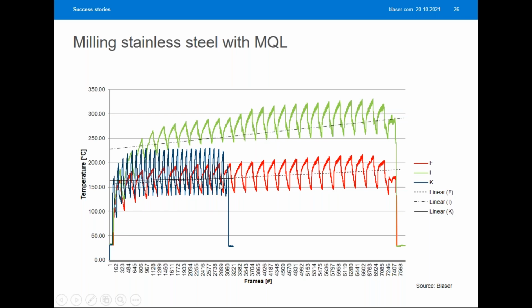We were cutting 4 times as fast with the black curve than with the red curve. And over here with the black, 4 times as fast, we have just a slightly higher temperature, but the temperature increase is less than with the red, than with the slower process.